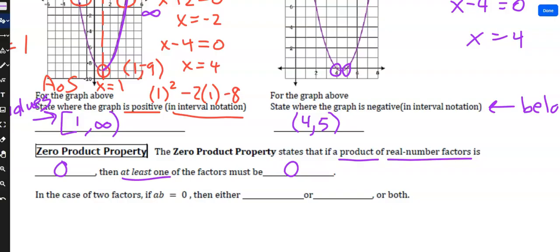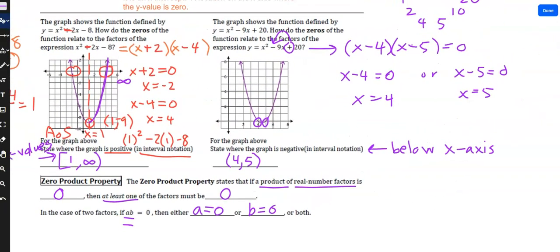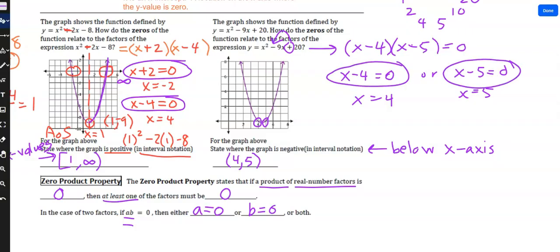So if you had two things that multiply together to give you 0, then you know that either A equals 0 or B equals 0. Well, that's what I just did up here. In the first example, you either have to have x plus 2 equaling 0, or x minus 4 equaling 0, or in the next one I had x minus 4 and x minus 5 equaling 0. You have to have one of those, otherwise there's no way to get 0.